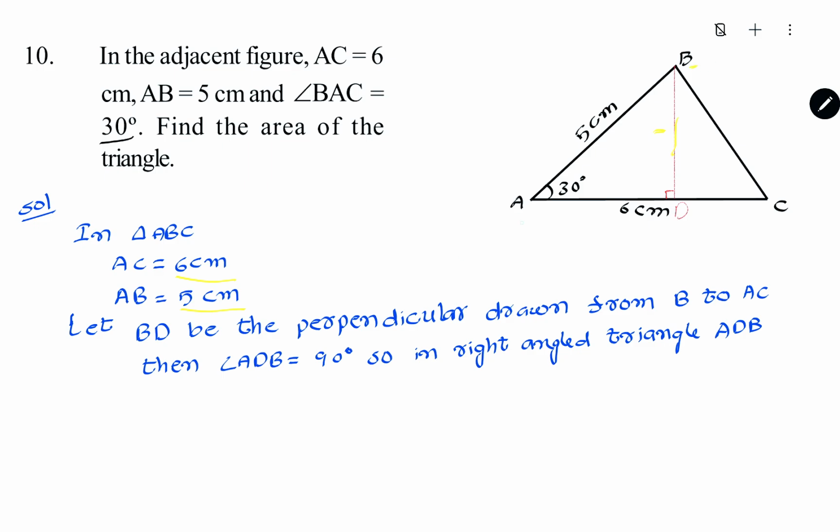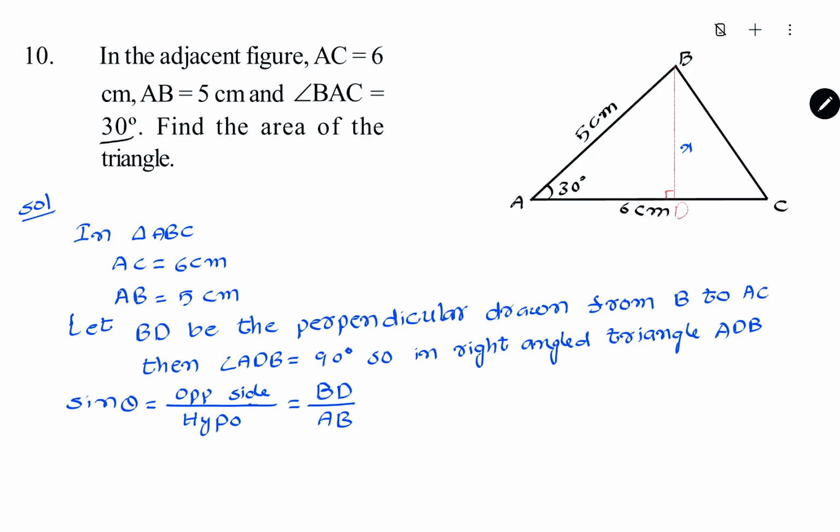Then angle ADB is 90 degrees. So in right angle triangle ADB, we can find BD length. Here BD is the height by using sine ratio. Sin theta is equal to opposite side by hypotenuse. We assume BD is x centimeters.